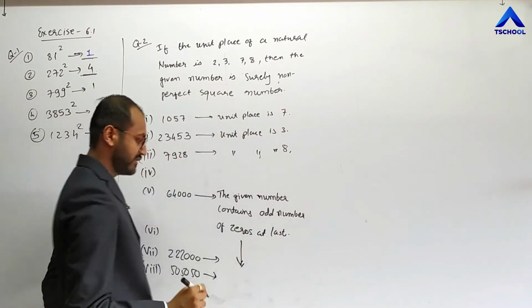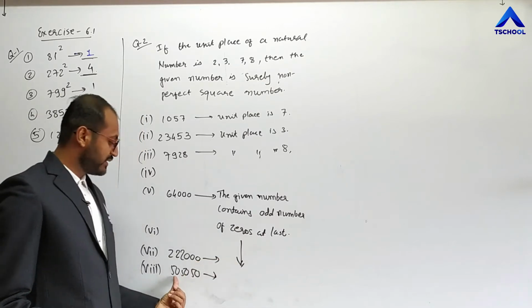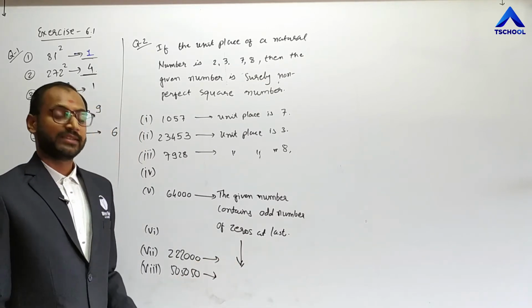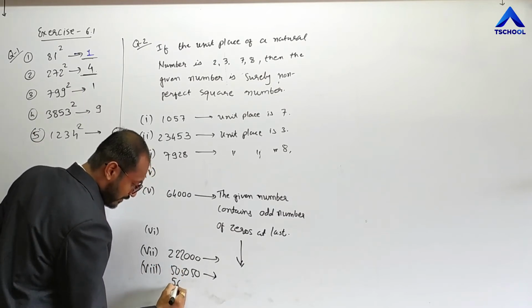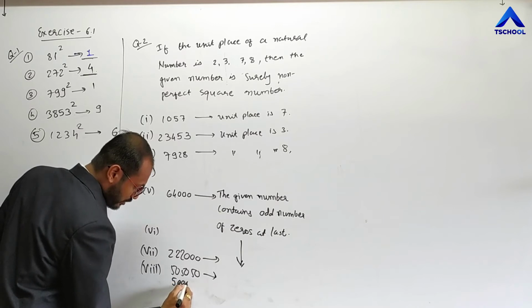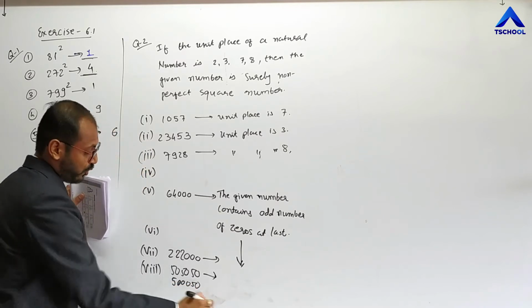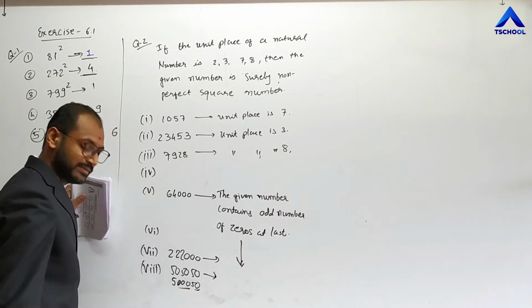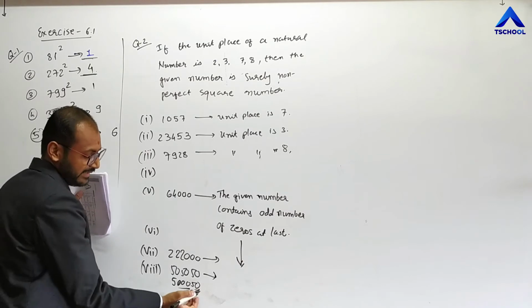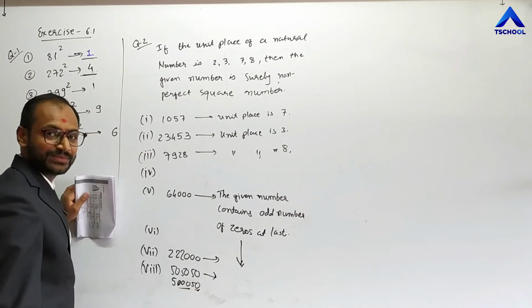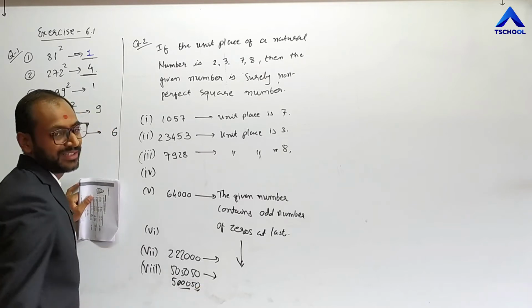You should write this word 'at last' because here there are 3 zeros, but sometimes it may contain this type of number. Suppose 500050. Then the total number of zeros is 4, but at last there is only 1 zero.